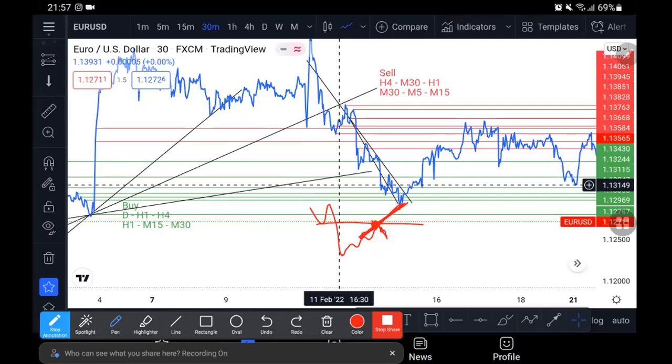And after we put this trend line, when the price touches it, it should have momentum. Otherwise, we cannot use it again. So this one fails, then we put the divergence trend line, and when the price comes back to it, it should succeed.